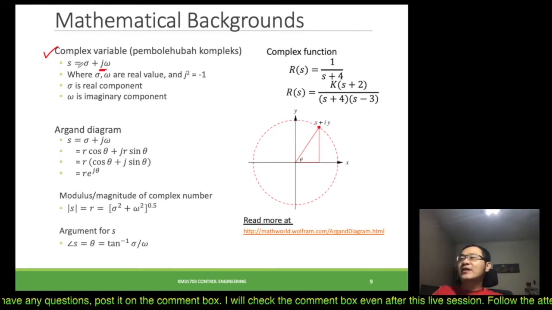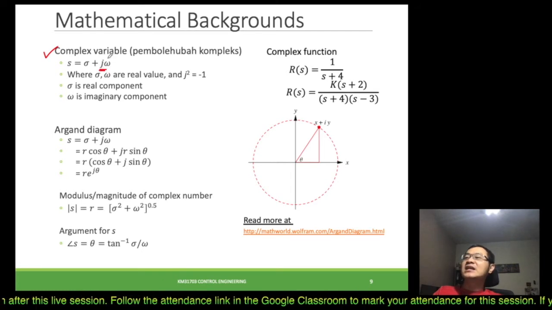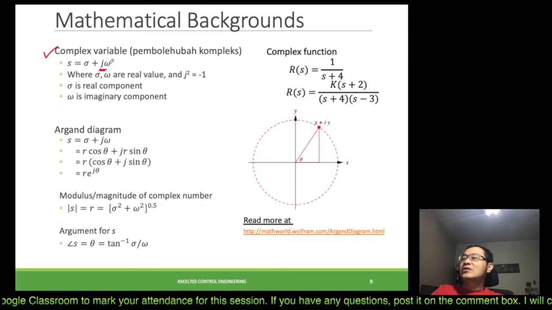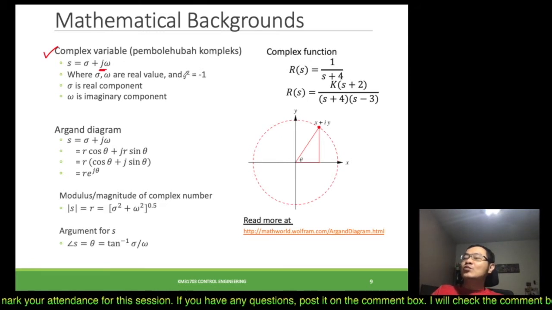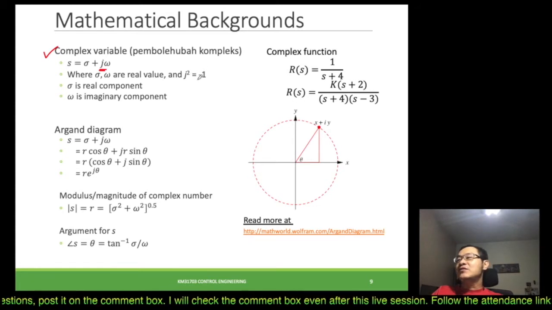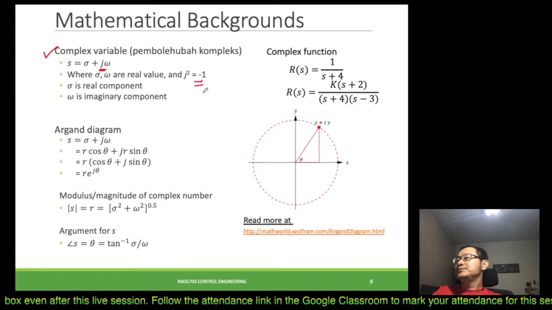So you have s equals the real component plus omega j, where j represents the imaginary component, right? When we multiply j by another j, that gives us -1, right? So this is the property of complex variables.